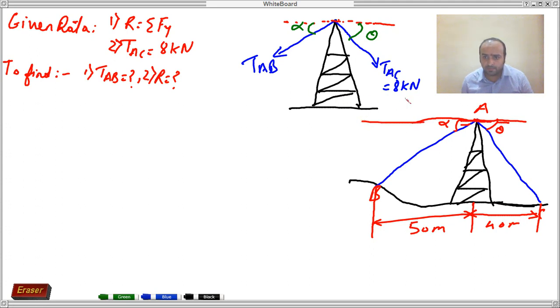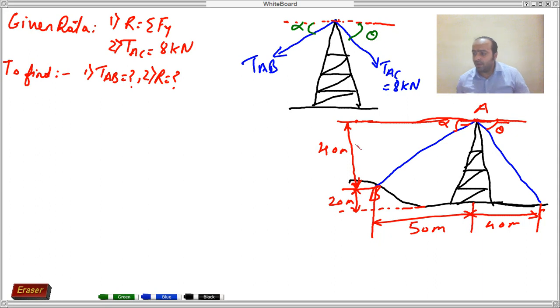Even over here, the bottom distance from here till this particular level, ground level, is 20 meters. Above, it will be 40 meters from here till here. So 50 meter, 40 meter, 20 meter and 40 meters over here.